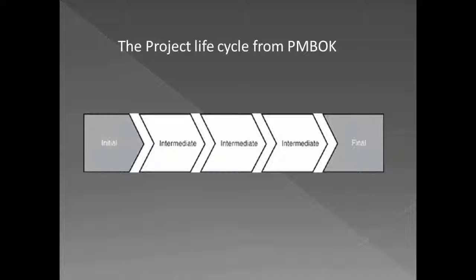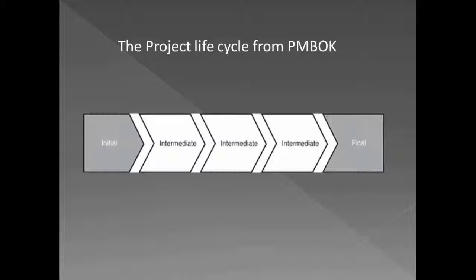As you see, we have an initial phase where the project is initiated, then there could be different intermediate phases, and finally these phases culminate in a deliverable, which is the final phase. So this is how PMBOK defines a project lifecycle: it starts with an initial phase, has a set of phases, and a final phase which culminates in a deliverable.